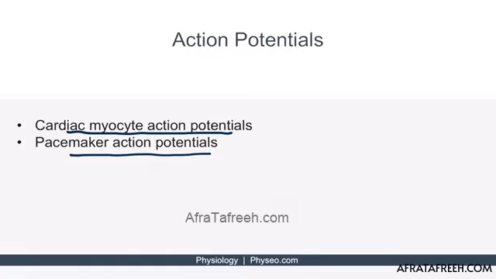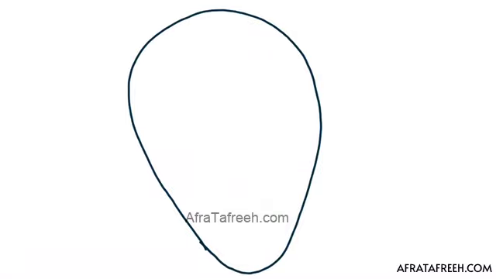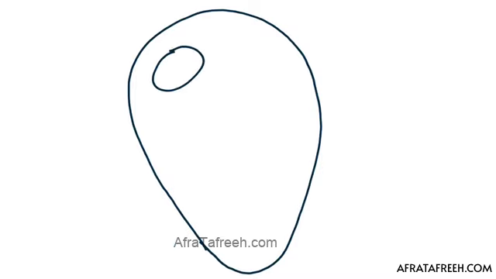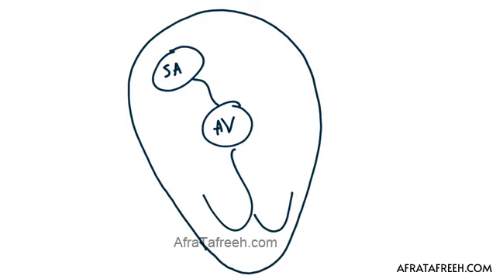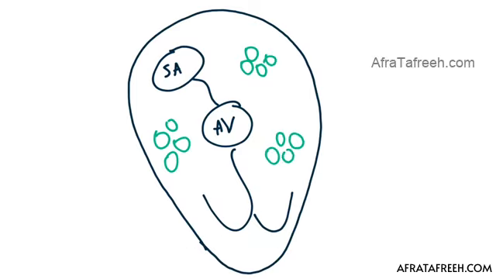Let's take a second to see the big picture, and then we'll dive into the details of action potentials. This represents the heart. This is the sinoatrial node, the atrioventricular node, the bundle of His and the Purkinje system, and these will represent other cardiac cells, such as ventricular and atrial myocytes in green. Recall that the SA node receives input from the sympathetic nerves and the parasympathetic vagus nerves.